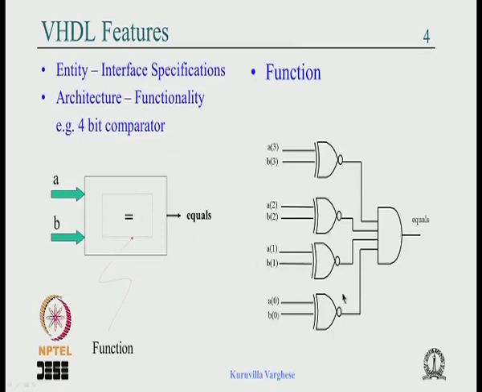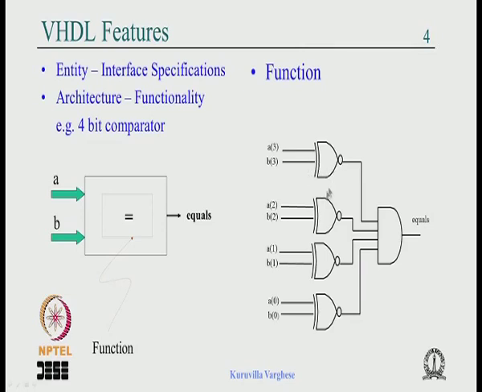And you know the circuit, when you come to the basic implementation. Suppose you have A3, A2, A1, A0, B3, B2, B1, B0. You can see that for these numbers to be equal, A3 should be equal to B3, A2 should be equal to B2, and so on. So we use an exclusive NOR gate, because an exclusive OR gate gives 1 for 0 1 and 1 0, but here you want 1 for 0 0 and 1 1.